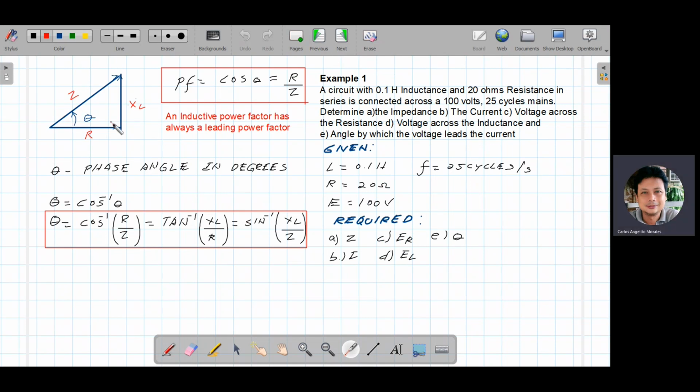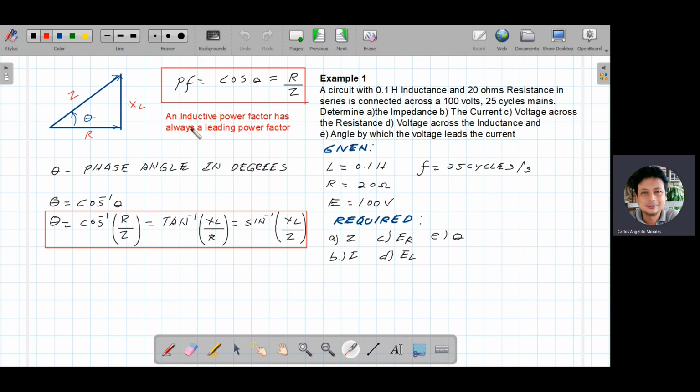So ito yung impedance triangle natin. Ito yung R, ito yung inductive reactance, ito yung impedance. So power factor is cosine theta. Ano ba cosine theta nito? R over Z. Ito yung power factor. An inductive power factor has always a lagging power factor. Tandaan ninyo, ang power factor ng inductive. Malinaw, no?